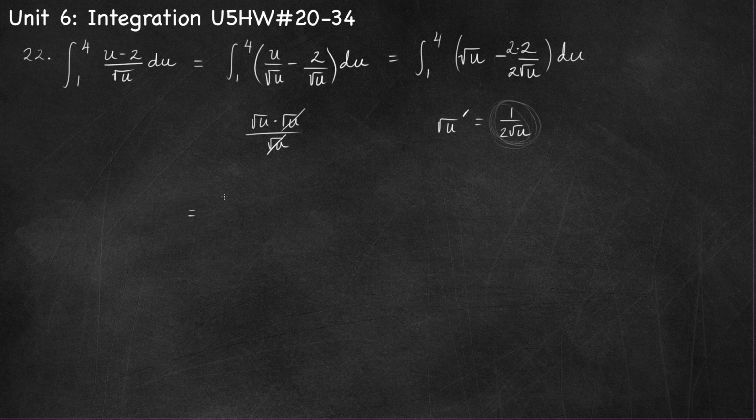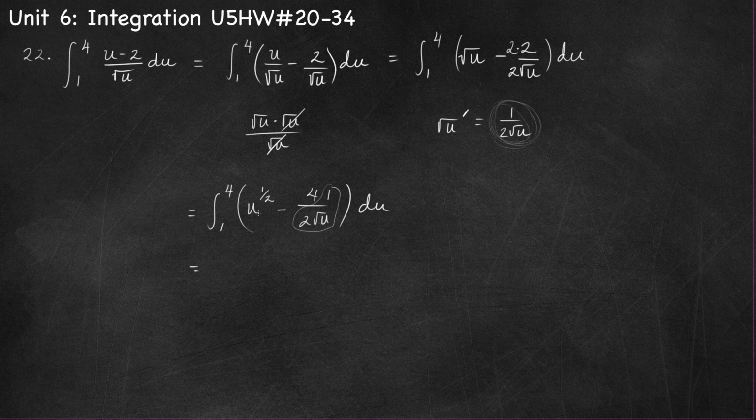Okay, so let's see where we are now. I've got integral from 1 to 4 of the square root of u, now I'm going to think of that as u to the 1/2, minus 4 over 2 root u. 4 over 2 root u, I'm thinking of as 1 over 2 root u times 4. Okay, let's go ahead and integrate this.